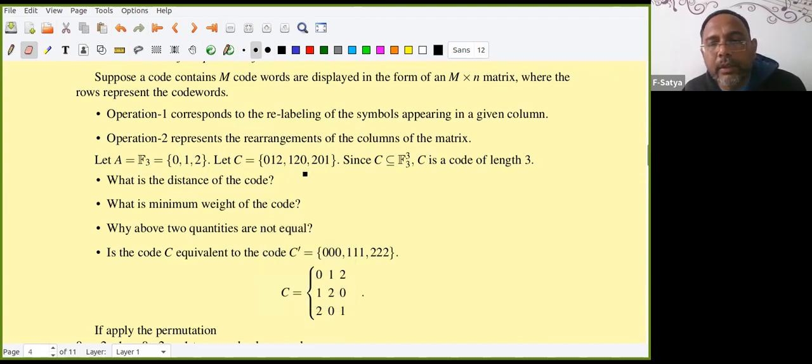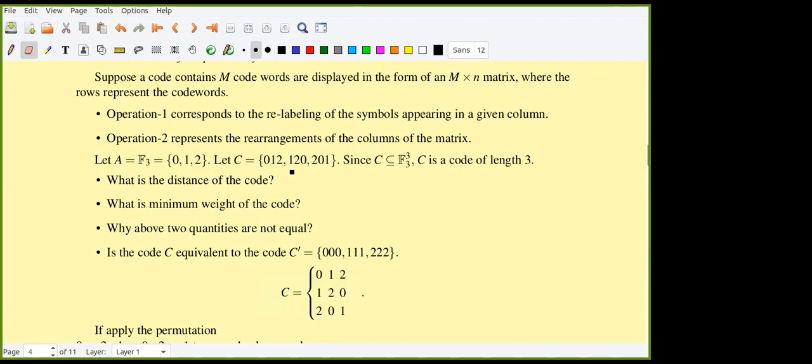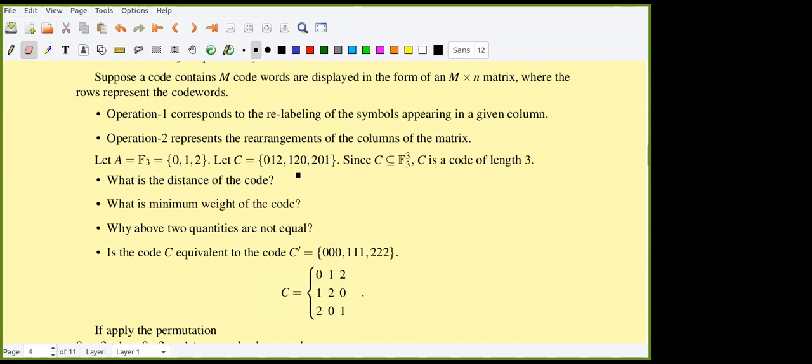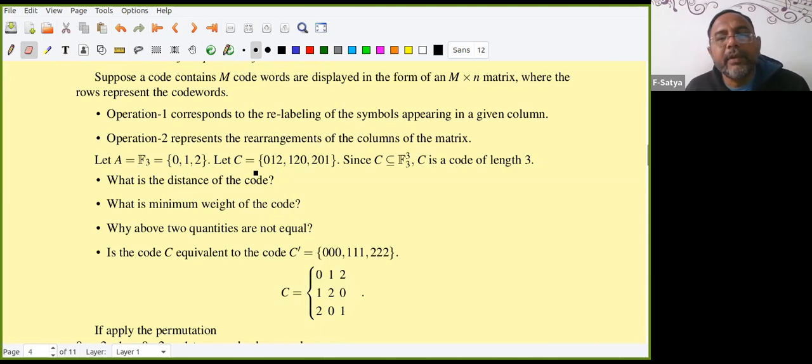It is a subset of F3 power 3. Every subset is a code. Code does not demand anything. A code is simply a subset of F3 power n, and here it is a subset of F3 power 3. Since it is contained in F3 power 3, it is a code of length 3.